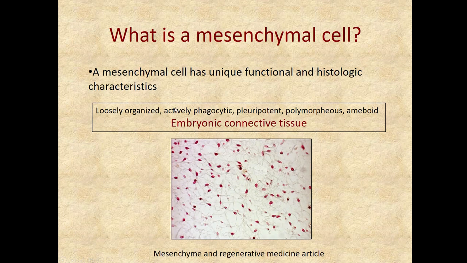All right, and so the last point I'm going to say before I ask you a few questions in this online module is I want to talk a little bit about a mesenchymal cell. A mesenchymal cell is a special type of cell that's in the developing embryo, and it's referred to as embryonic connective tissue.